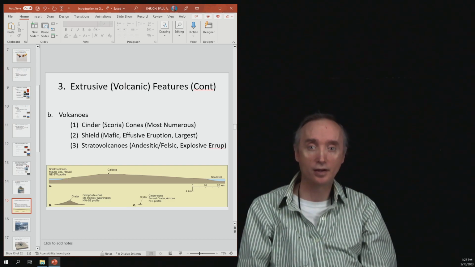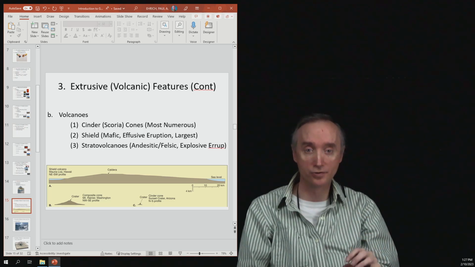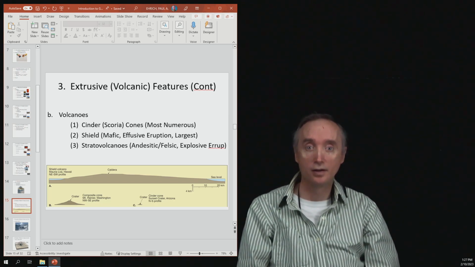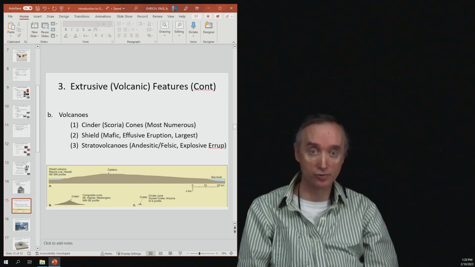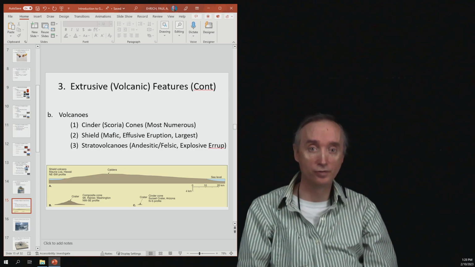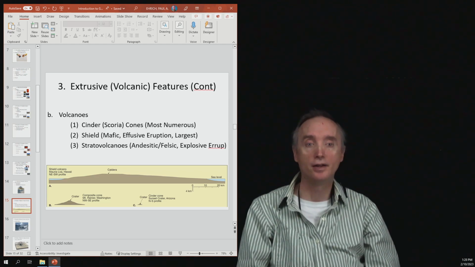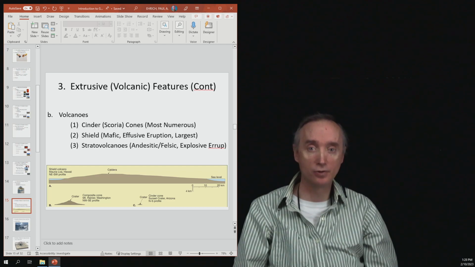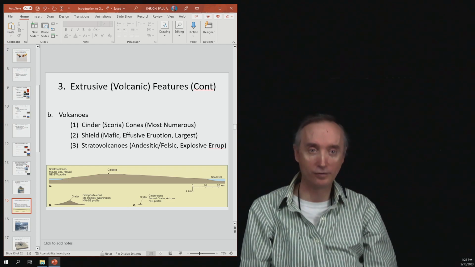So if it comes to the surface without altering its composition, then it's going to ooze out onto the surface as a shield volcano. These have the gentlest explosions. So when a shield volcano goes off, it's a pretty gentle explosion, and you don't really need to run away from it, as opposed to the stratovolcanoes.